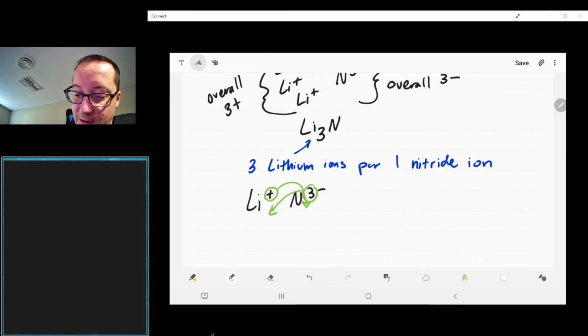So if we take that 3 from nitrogen down and put it with lithium, we get Li3. And if we take the 1 from lithium and put it with nitrogen, we technically get a 1 there, but we don't ever really write 1s. We just leave it blank. We would get the compound that way as well. So you can use either way. You can crisscross the charges, or you can do the least common multiple thing.